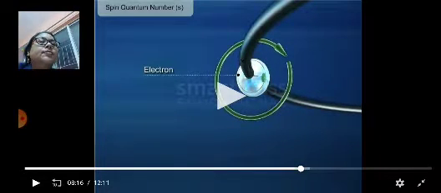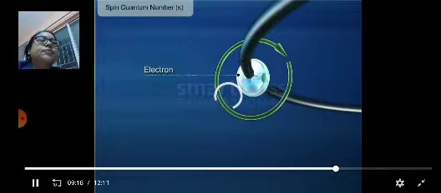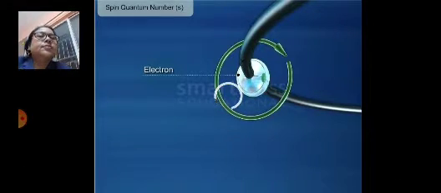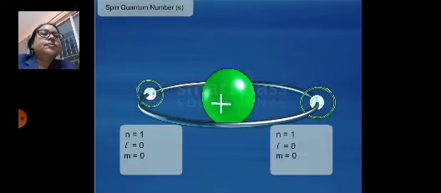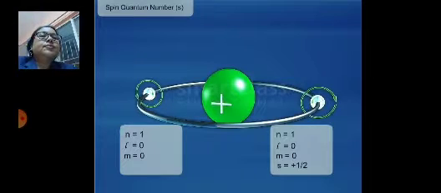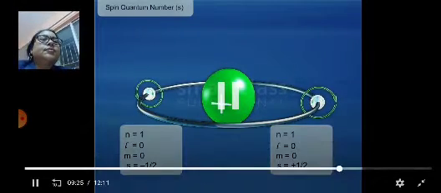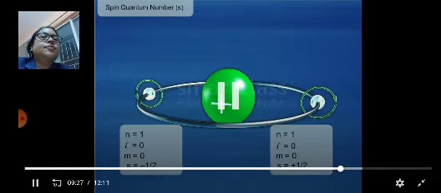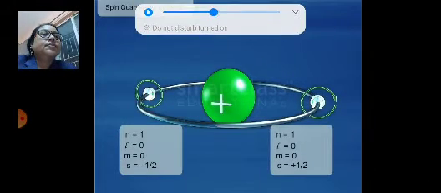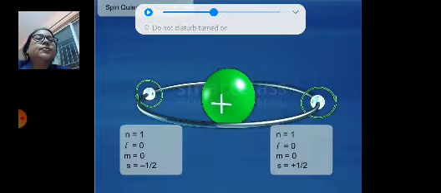An electron spins on its axis. The spin for one electron will be +1/2 and for the other -1/2. These two electrons of opposite spins will be present in the same orbital of the s subshell.